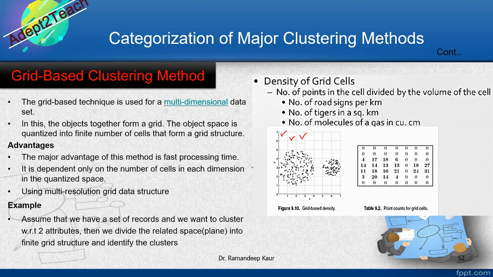Let's assume we have a set of records and we want to cluster them with respect to two attributes, maybe the number of people living in a particular area and the number of wildlife animals available. So two criteria, we want to divide so that we can show it in the form of grids.